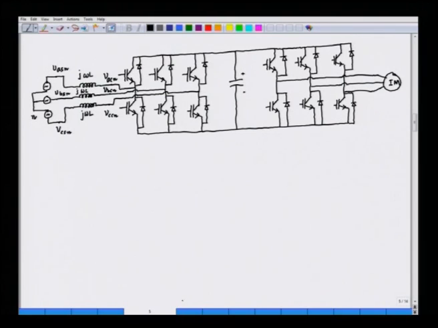So, this voltage is a DC link voltage which we can call to be VDC, and when we see the power flow diagram here, the power is flowing from AC to the DC link to the motor. So, it is from the source to the load for motoring.